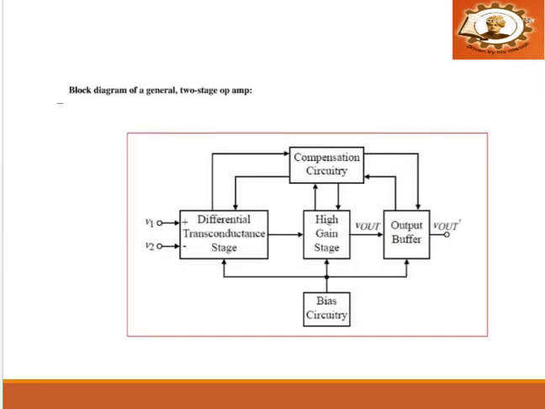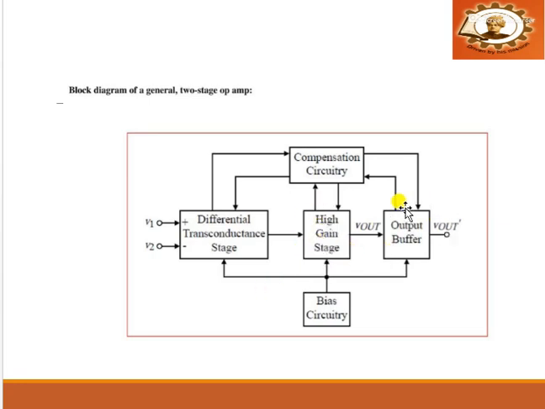In this diagram, the differential transconductance stage forms the input and provides differential to single-ended conversion, and the high gain stage provides the gain required by an op-amp together with the input stage.